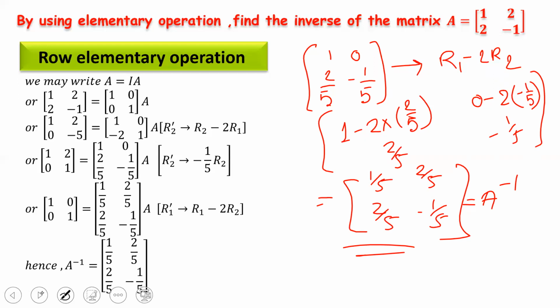So apply the operation one by one. Do it in calculation. You can do it in rough. Do it step by step. If it will take time, then give it time. You will know how to apply or how to use this row elementary process.